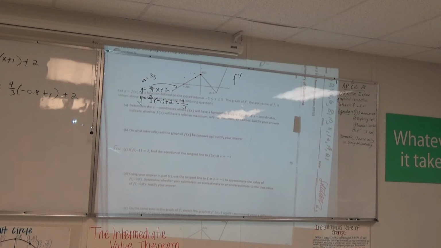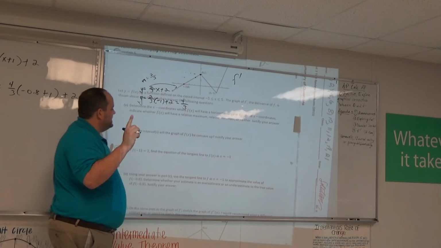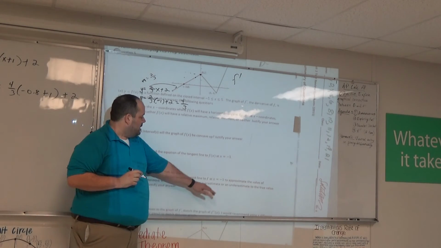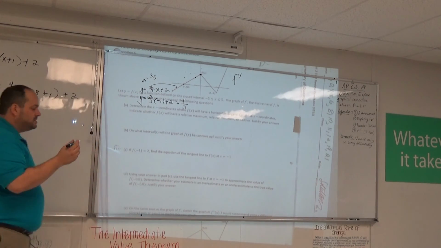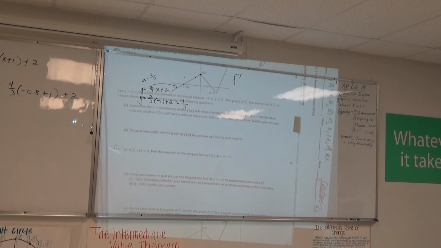Now, the question that I'm honor bound to ask you: overestimate or underestimate? There are 3 things I'm looking for. Number 1, what's the interval? You've got to go from your point of tangency to the point that you're estimating, so from x equals -1 to x equals -0.8. Does anybody know the concavity of f?